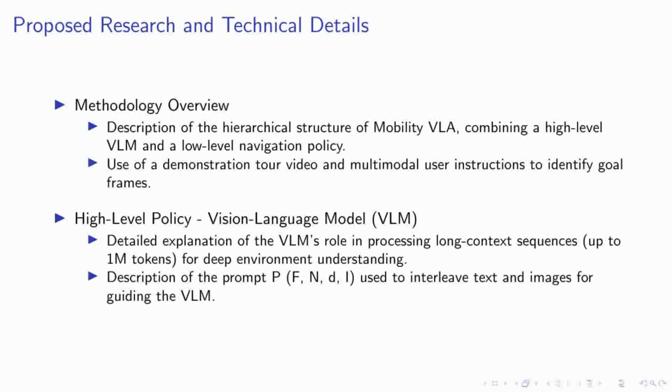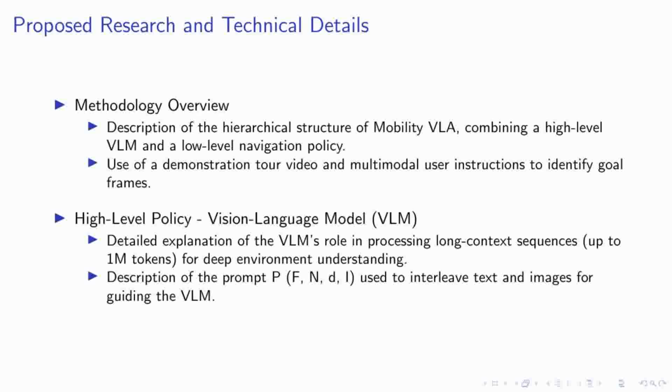Focusing on the high-level policy powered by our vision language model, it's important to note the model's capability to handle long context sequences, which can be up to 1 million tokens. This extensive context length is crucial for deep environment understanding, allowing the VLM to make informed decisions even in complex scenarios. The model uses a specific prompt structure, denoted as P, F, N, D, I, which interleaves text and images.